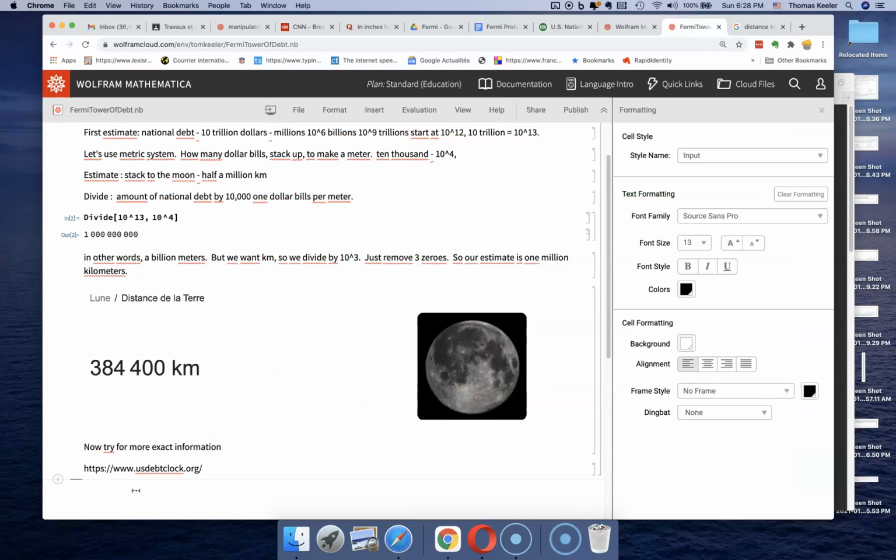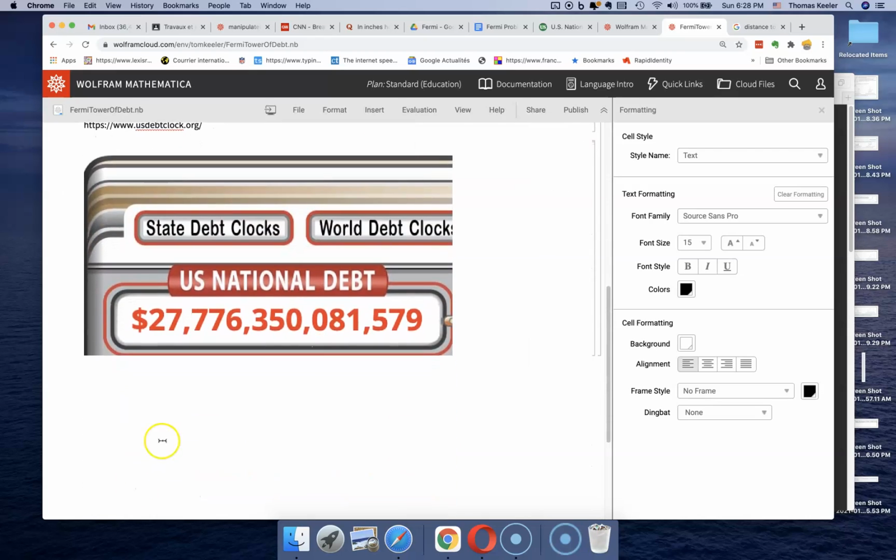But if we go to a new line, we see that our debt is 27 trillion. Okay. And so then the other thing we want to know is how thick is a dollar bill?